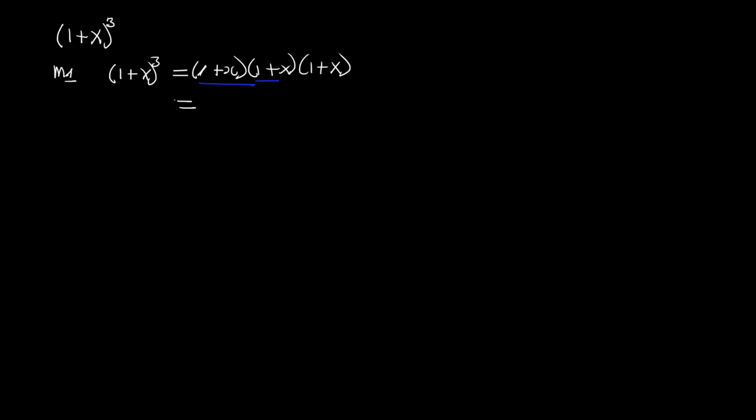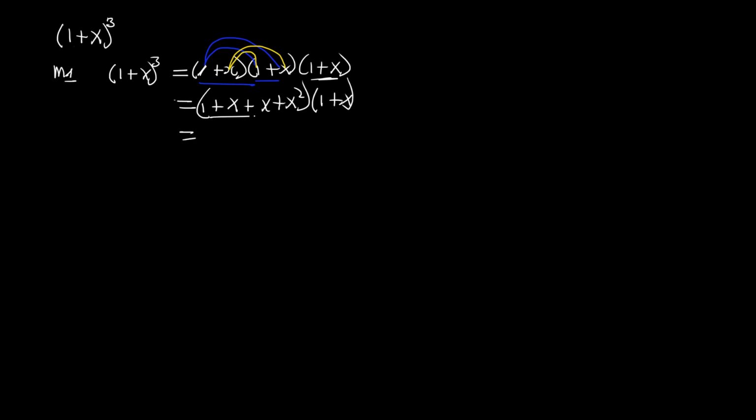So if we multiply these two terms, we have 1 times 1, 1 times x, and that gives us 1 plus x. The second thing is to multiply x times 1 and x times x. So this one also gives us plus x squared. So that in bracket, we can still write our last term here, 1 plus x, because we have not dealt with it.